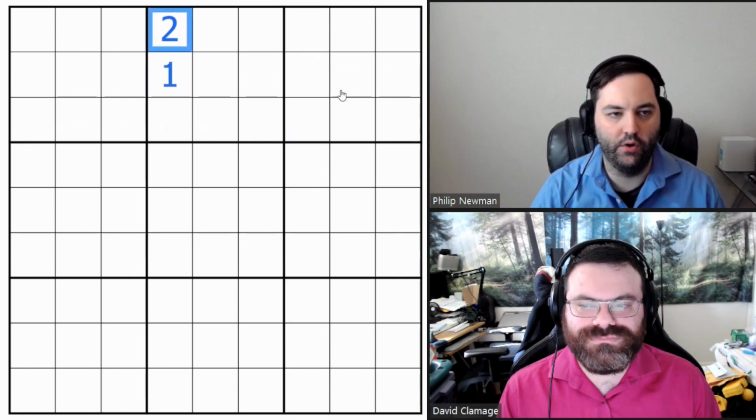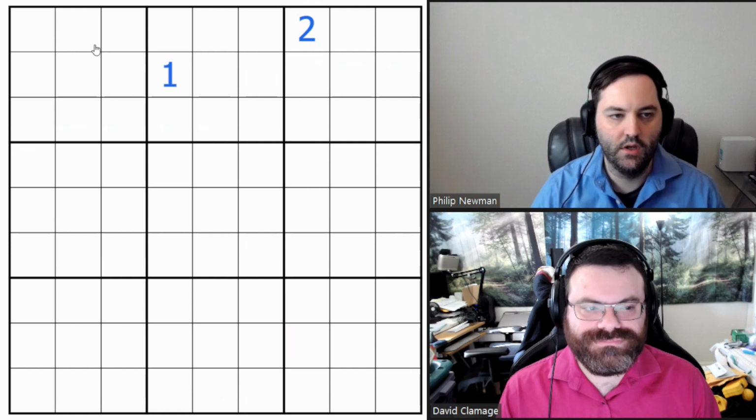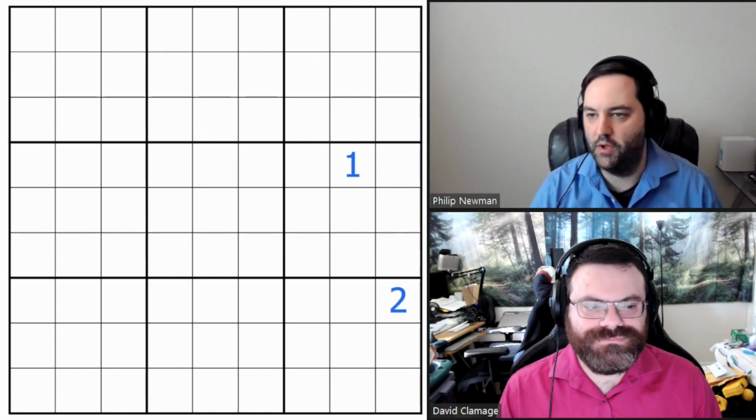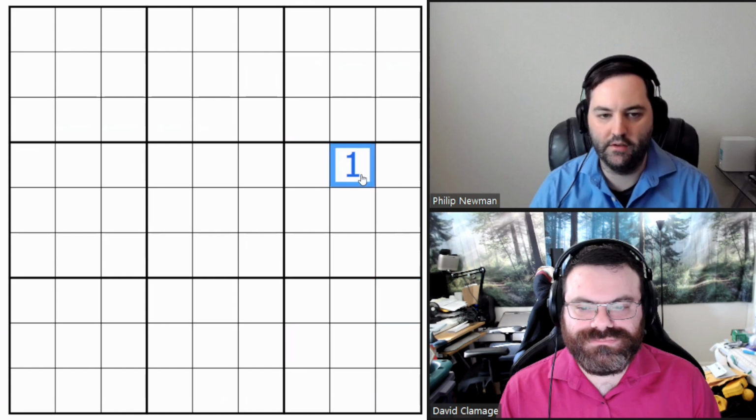So I can move this 1 over here and move this 2 over here. That's fine. You can rotate. So if you rotate by 90 degrees, and the 1 is up here and the 2 is up here, that's the same puzzle. Yep. Just rotate. You can reflect it.